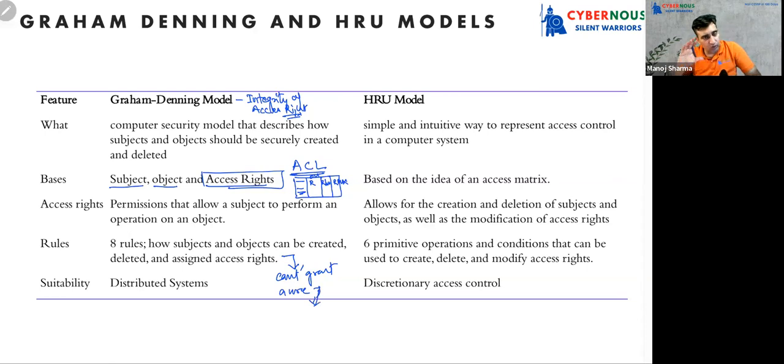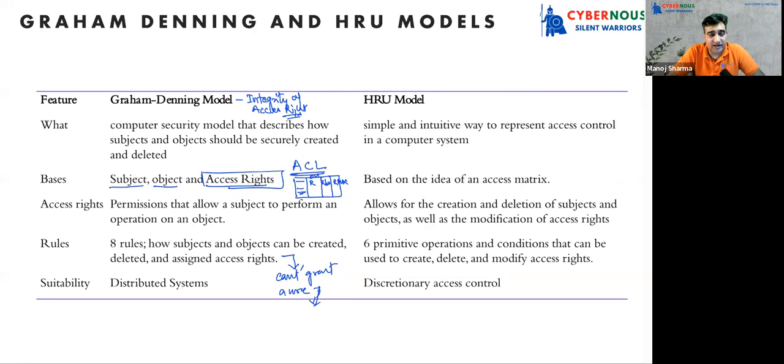They can alter the object, but they cannot alter the subject itself. That is the Graham-Denning model, and that is why it is used a lot in distributed systems, for example websites, where the data is processed by different computers. In those models, Graham-Denning is the best one.